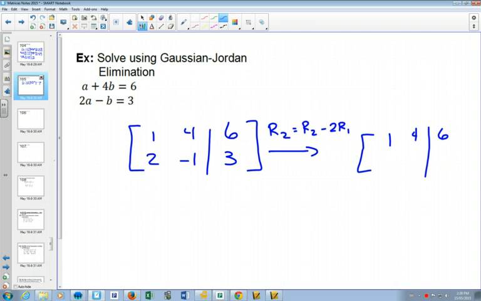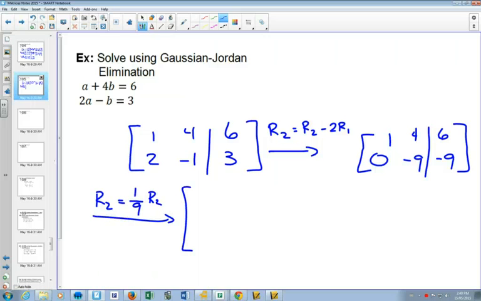And 2 minus 2 would be 0. Negative 1 minus 8 will be negative 9. And 3 minus 12 would be negative 9. Now I can take that row 2 and divide it by negative 9.